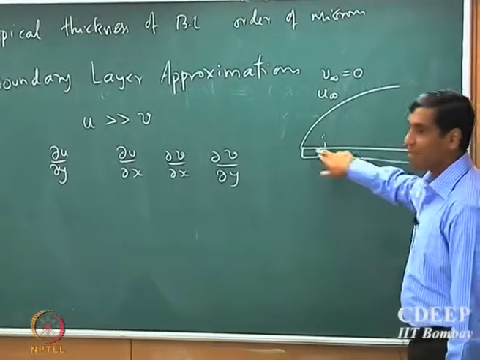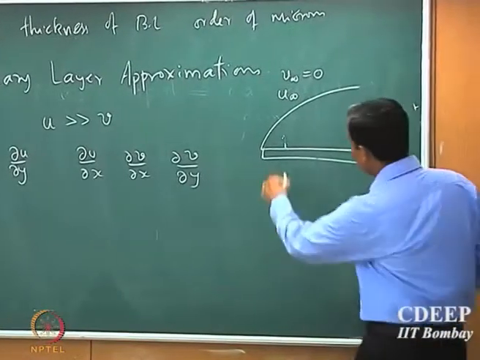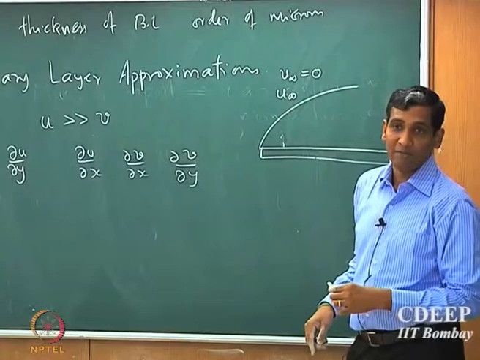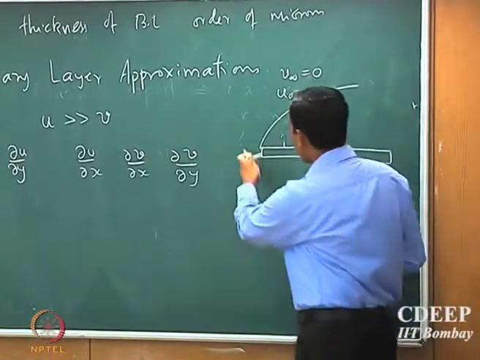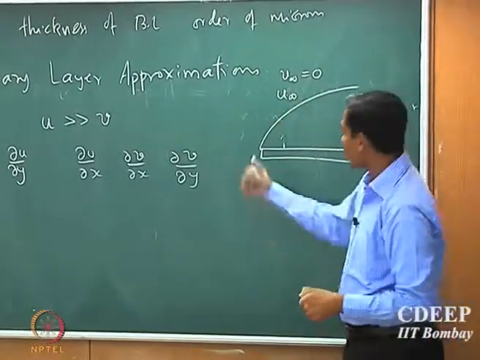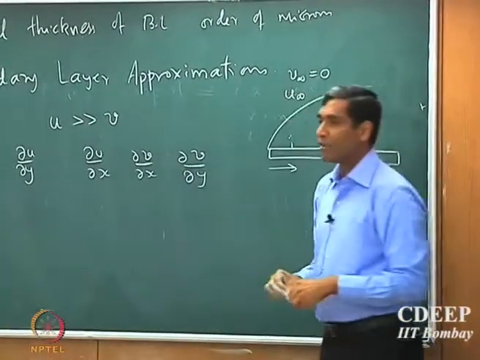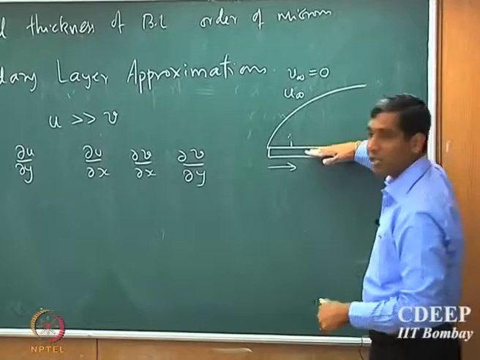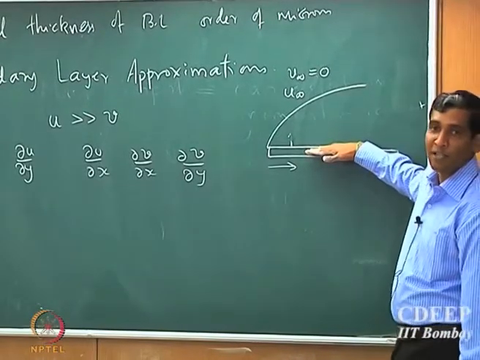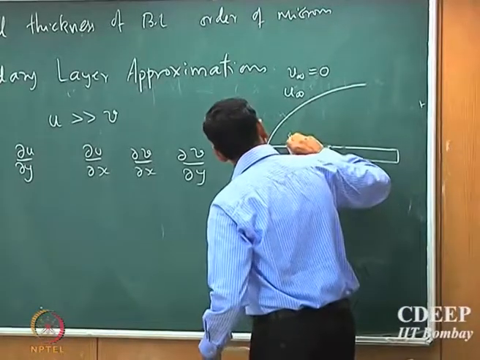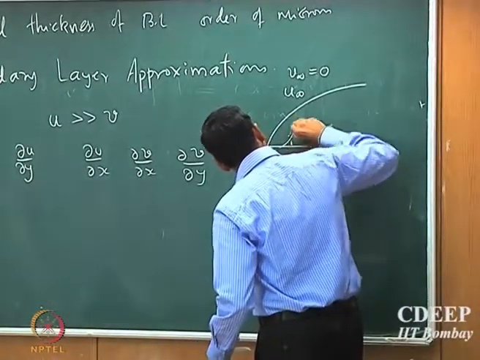So therefore this friction is now going to introduce strong gradients in the y direction. So the fluid particles which are moving in the x direction are now retarded strongly because of the friction offered by this surface, and therefore you would expect steep gradients.